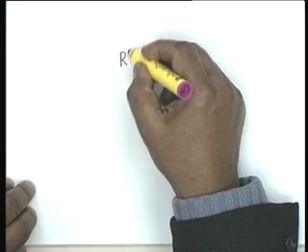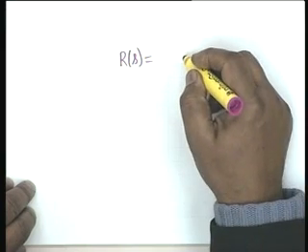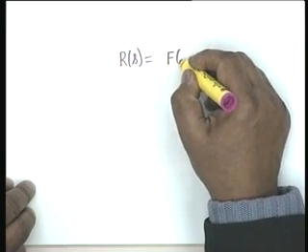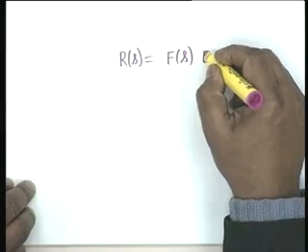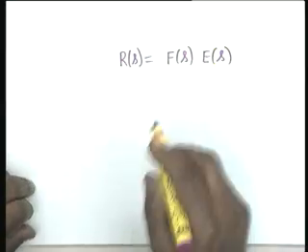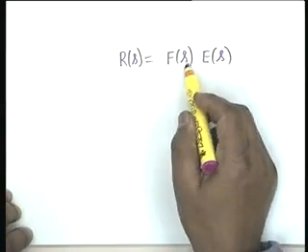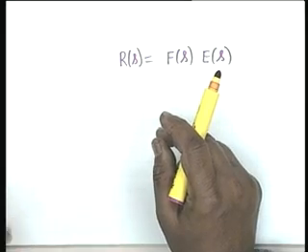Now let us go back to our response transform. R of S is equal to network function multiplied by excitation transform. This is the equation. The definition of network function is the transform of the response divided by the transform of the excitation, with the network initially relaxed.